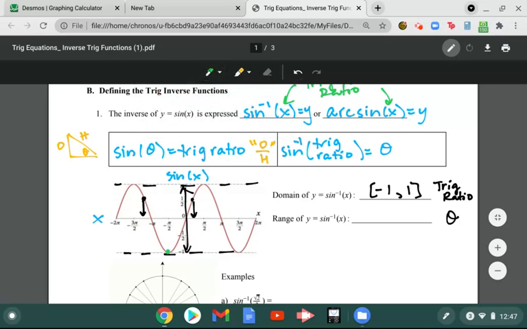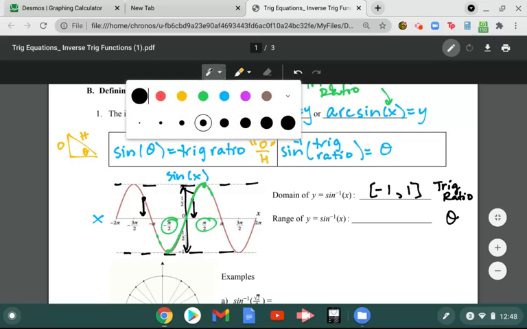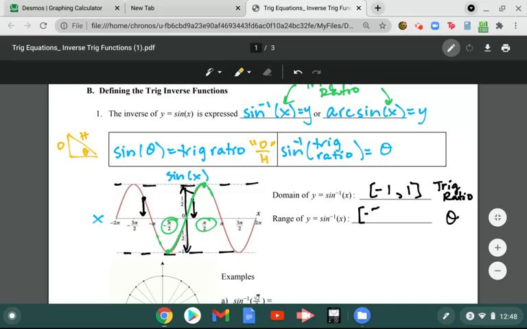The math rule decided to limit this so that there are no repeats between -π/2 and π/2. And you'll notice that as soon as I turn the corner, I end up getting some repeats. So by definition, we're going to limit the range so we can only get outputs between -π/2 and π/2.